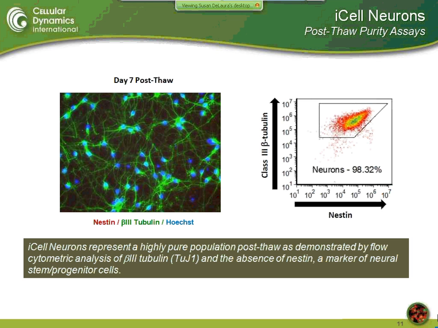So we're looking for these terminally differentiated mature neurons. Frequently, our cells are somewhere around 96 to about 98% beta-3 tubulin positive, nestin negative. Cells are at a very high purity, and this is determined by flow cytometry.